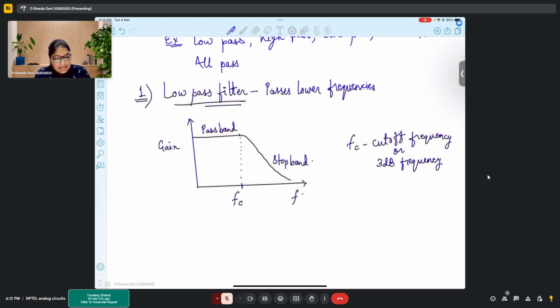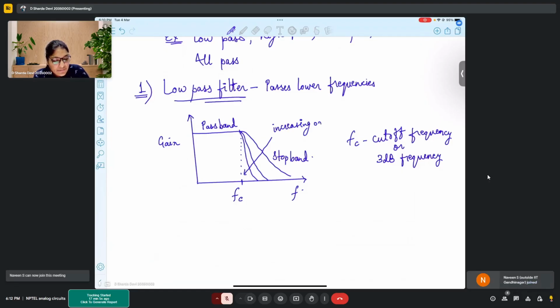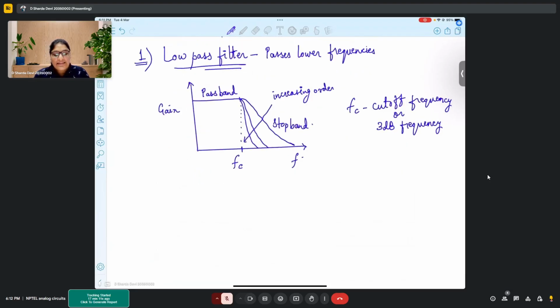The steepness of the filter depends on the order of the filter. So this is increasing order. The higher the order of the filter, the steeper the curve would be. Ideally, if I want a low pass filter, the ideal behavior should look somewhat like this.